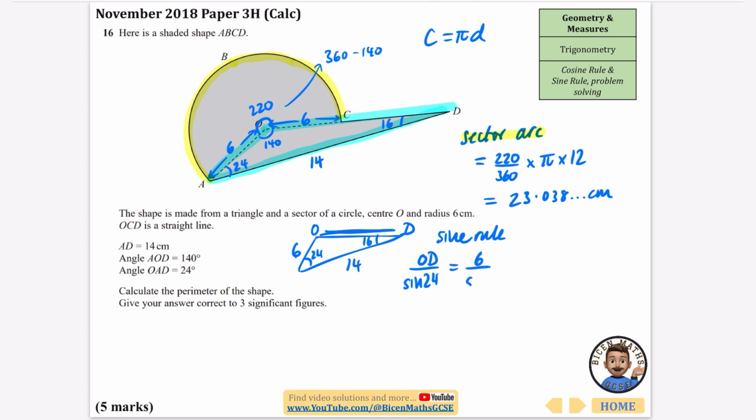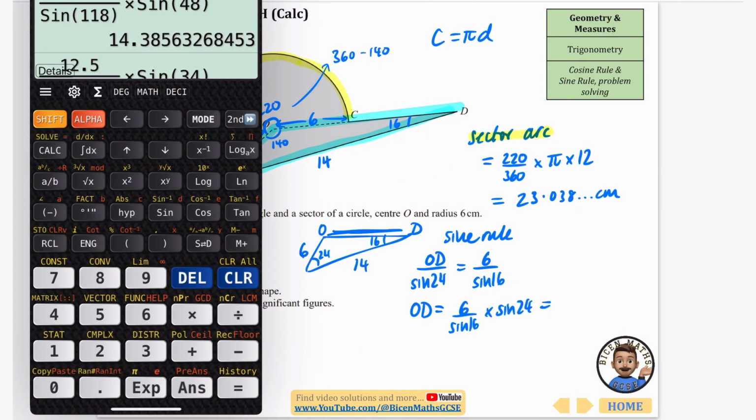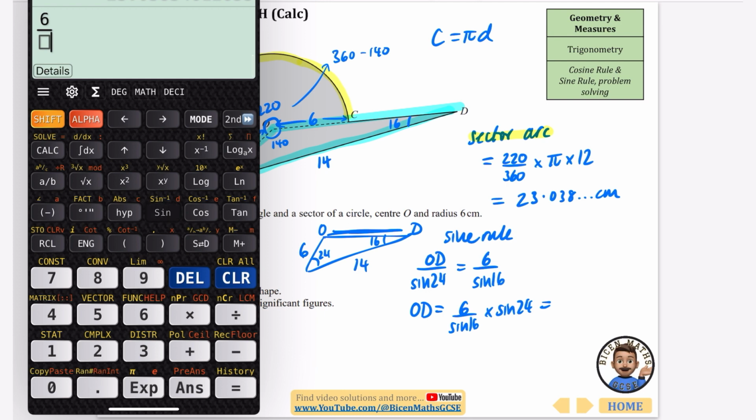So if I do 6 over sine 16, this will tell me that OD is 6 over sine 16 multiplied by sine 24. Let's see what this gives us. So that is going to be 6 over sine 16 multiplied by the sine of 24, and we get that OD is equal to 8.8537 blah blah blah, like this.